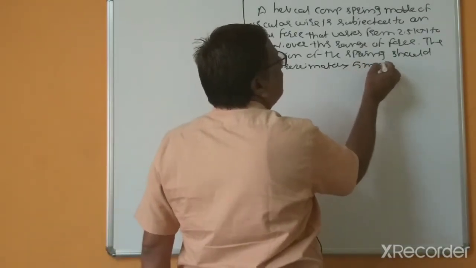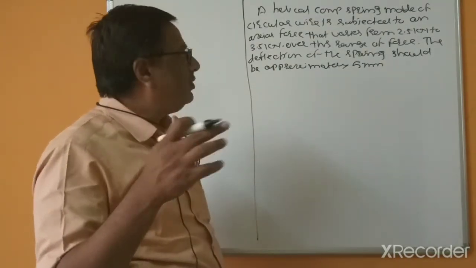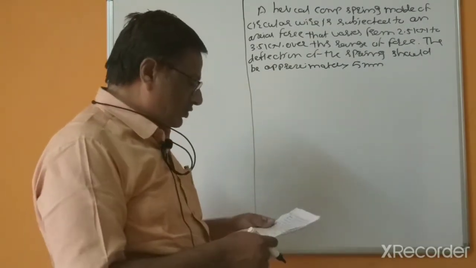So these deflections are approximately 5 mm for the 3.5 kilonewtons and 2.5 kilonewtons, means for 1000 newtons load.